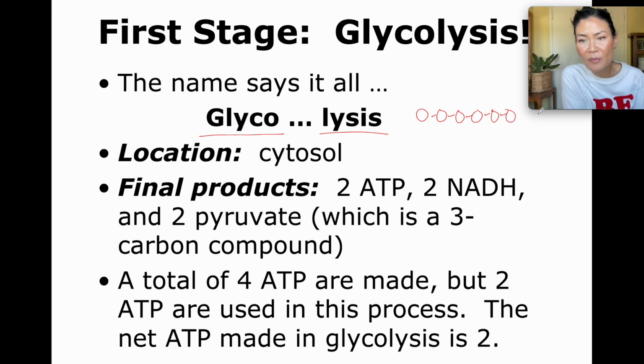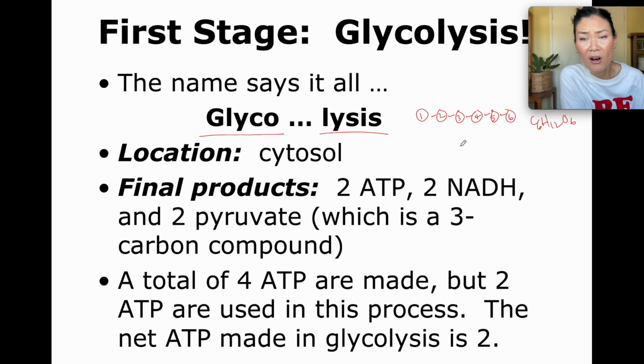Glucose is a 6-carbon sugar, correct? It's got C6H12O6. And for the purposes of simplicity, I'm just going to draw the 6 carbons this way, 4, 5, 6. So this is my 6 carbons in glucose.